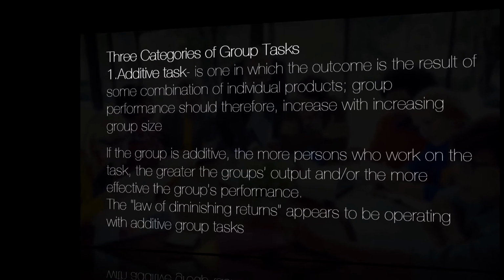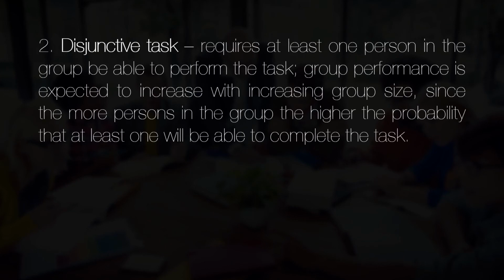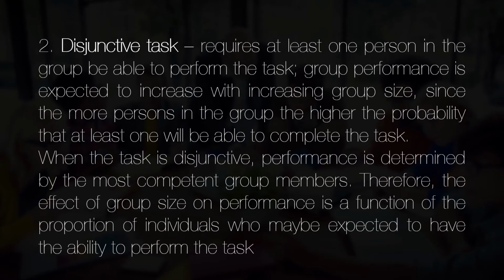The next one is the disjunctive task. It requires at least one person in a group to be able to perform the task. Group performance is expected to increase with increasing group size, since the more persons in the group, the higher the probability that at least one will be able to complete the task. So disjunctive tasks are those that only need one group member to be capable of achieving the task.